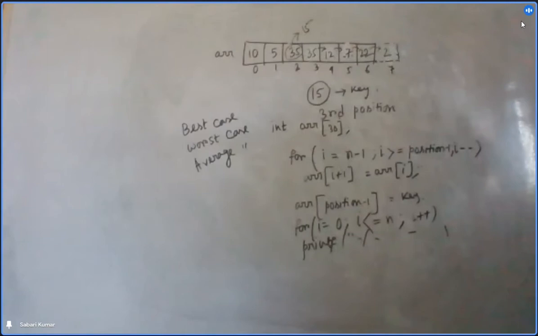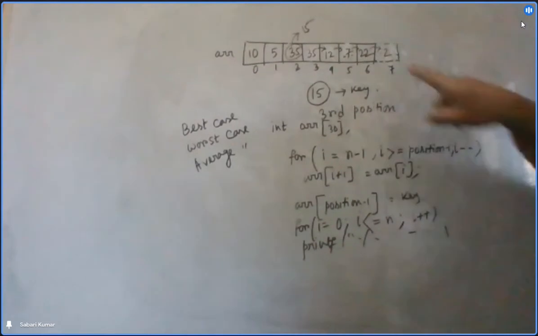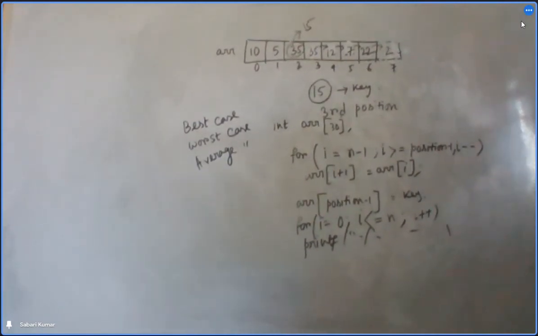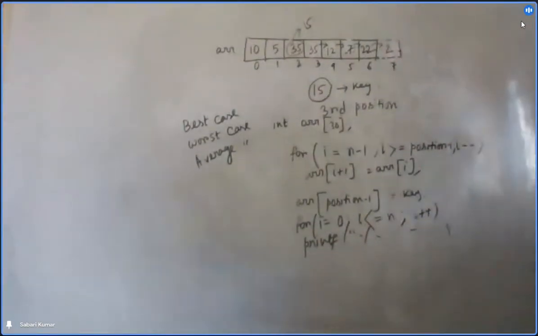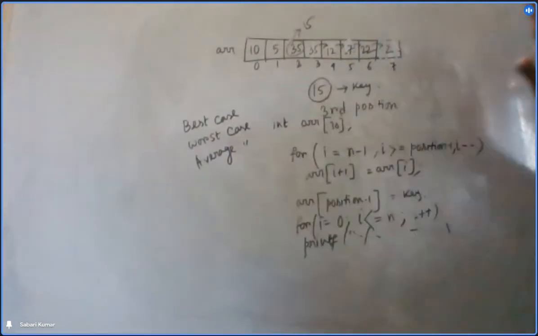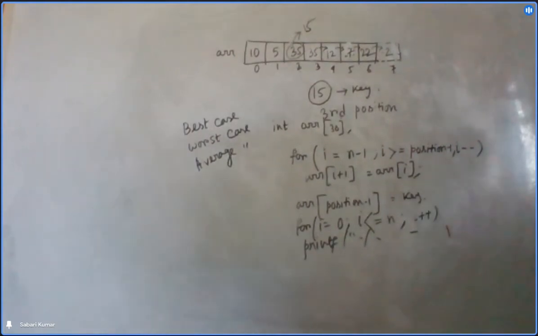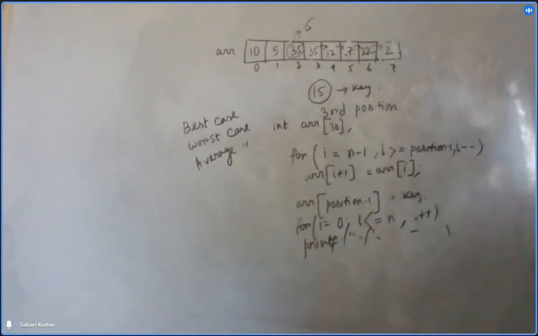Will not even one shift happen? Think about it: if I insert right at the very last, is any shifting needed? It is not needed. So if at last we want to insert this, it will not require any shifting. If it were the one before last, then one shifting would be needed. But the problem is if you insert the new element at last, then no more shifting will be there.